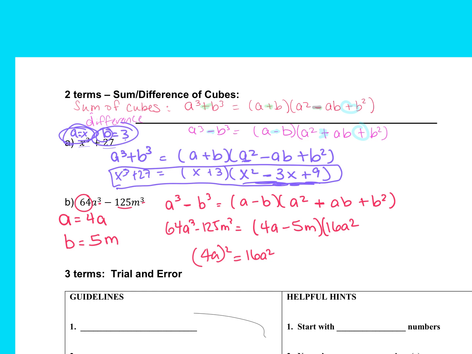The next part tells me to multiply a and b, so I'm going to multiply these two together. The number will be 20, and then I just do a times m next to it. The next part, I need to square b. Well, b is 5m, and when you square that, you get 25m squared.